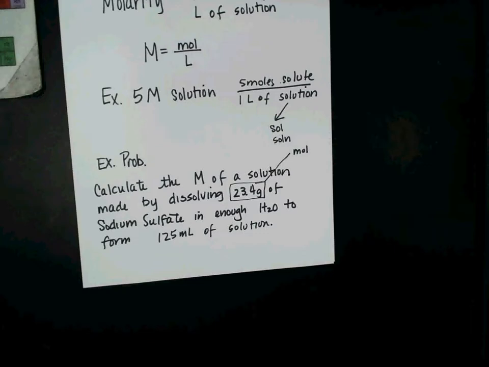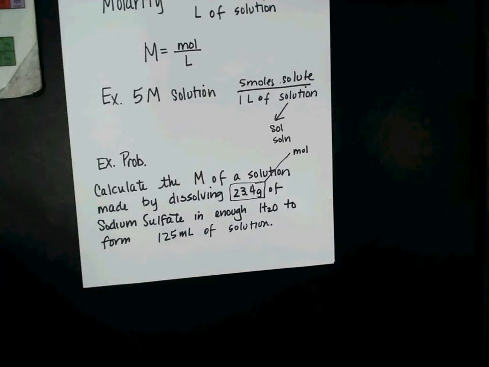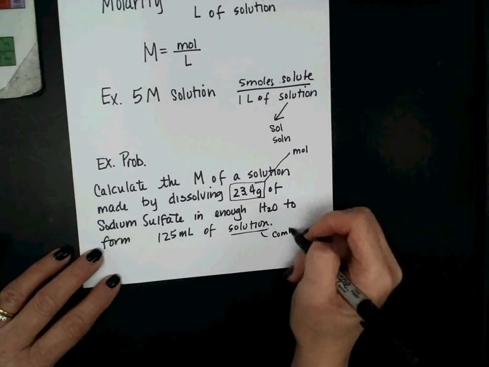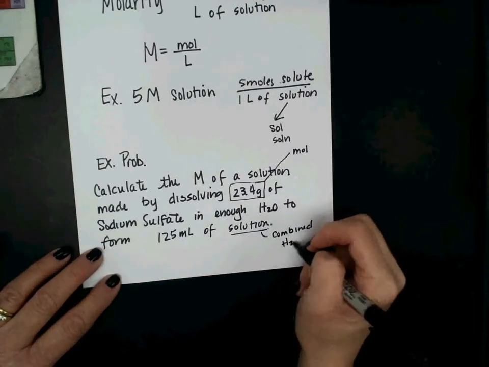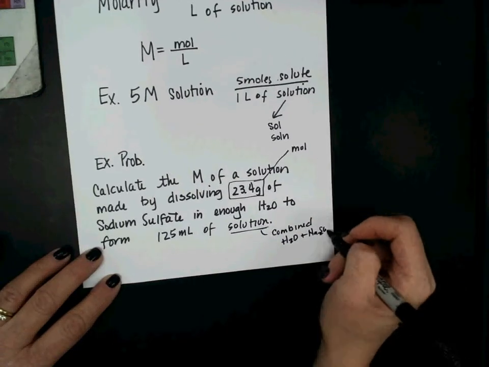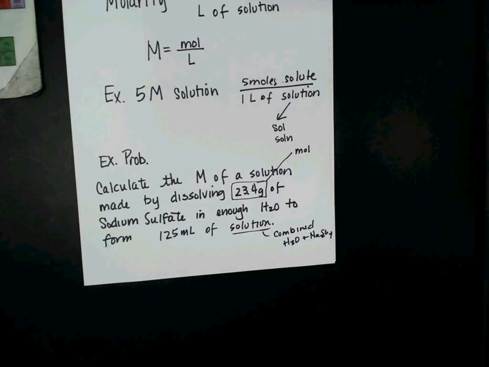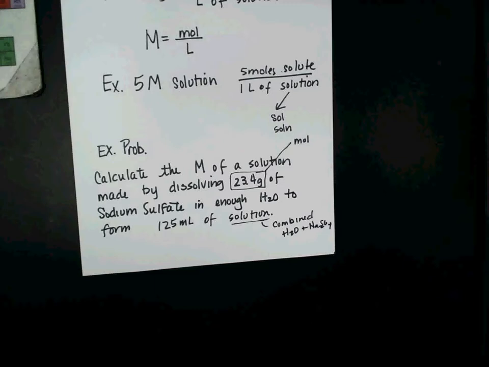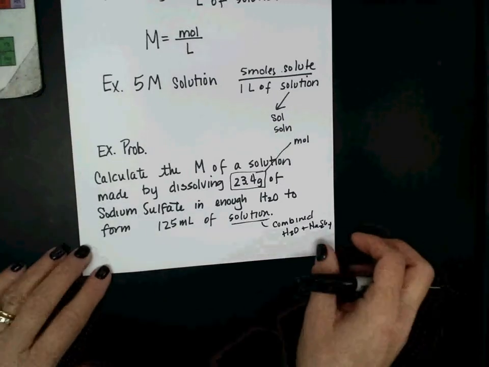It says it's dissolved in enough water to make 125 milliliters of solution. So that's a different kind of wording. This solution is the combination of H2O and sodium sulfate, your Na2SO4. So you have to look for that. If it said 125 milliliters of water, when you dissolve that sodium sulfate, you're going to have more than 125 milliliters of solution. Your volume will increase when something dissolves. So normally they're worded like that.